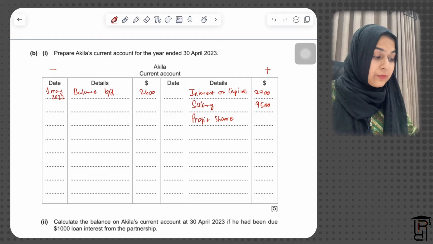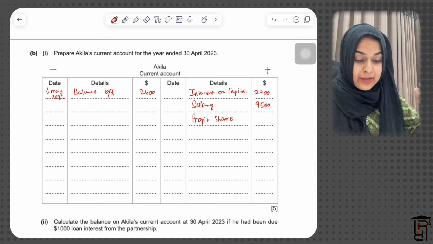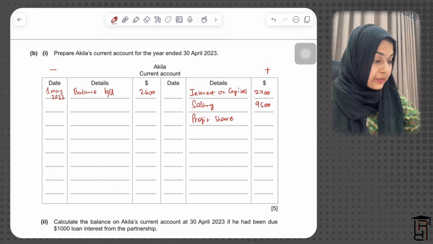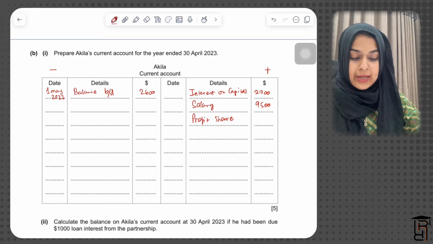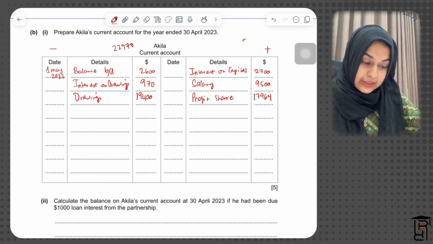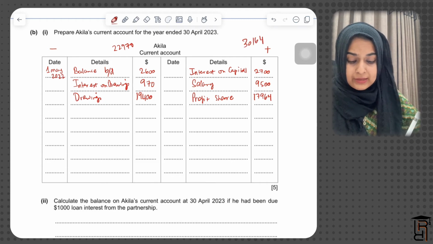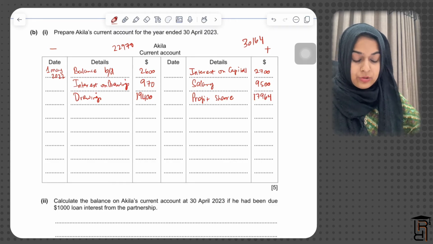Now we need to calculate the balance carried down for Akila's current account. The debit side total is 22,970 and the credit side total is 30,164. So 30,164 minus 22,970 gives me the balance carried down, which comes out to be 7,194.